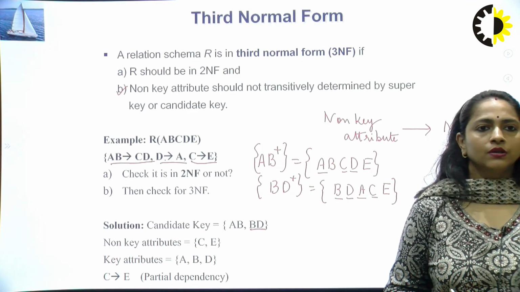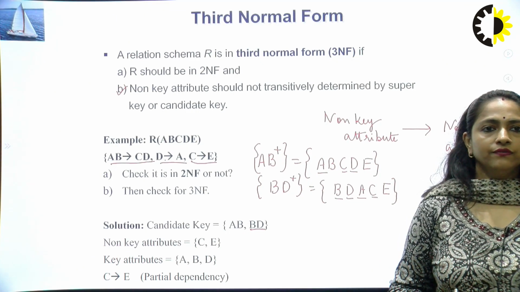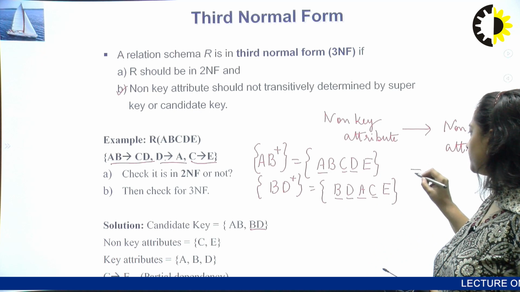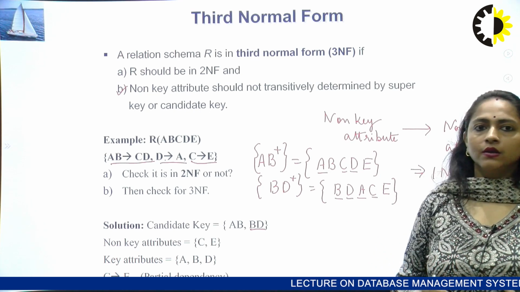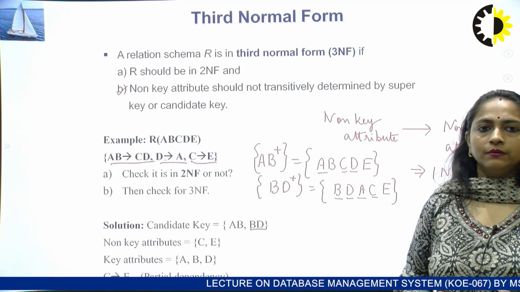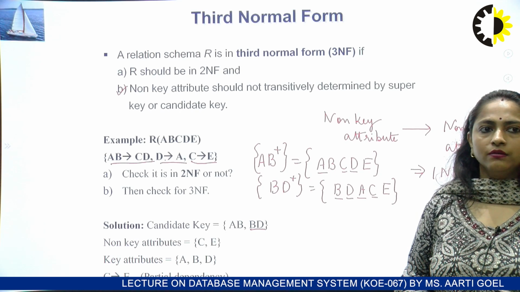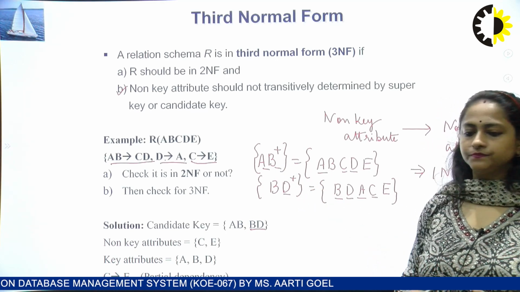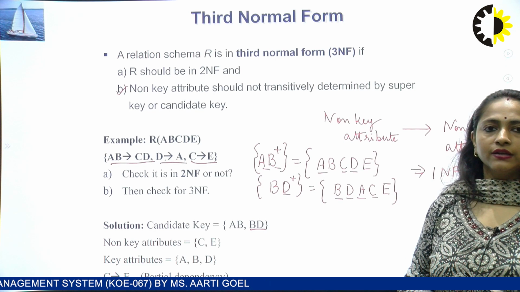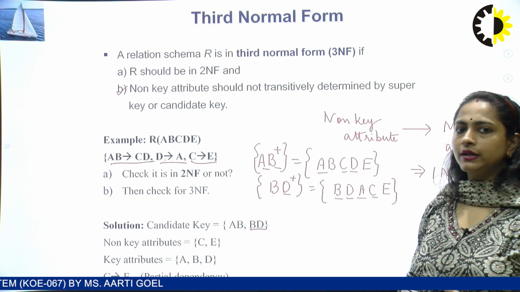So this given relation is in first normal form. Then the key attributes are A, B and D, and the rest of the attributes are non-key attributes.